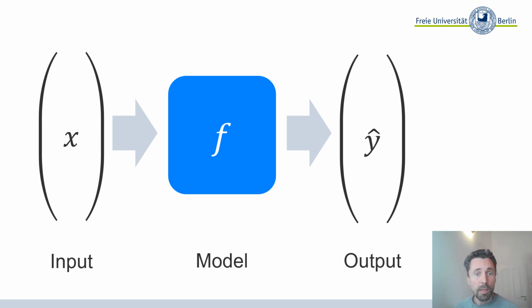We have inputs X, our model F, which produces predictions Y hat, and we train F to be as close as possible to the labels Y. But we haven't yet talked about where these X and Y's are coming from.